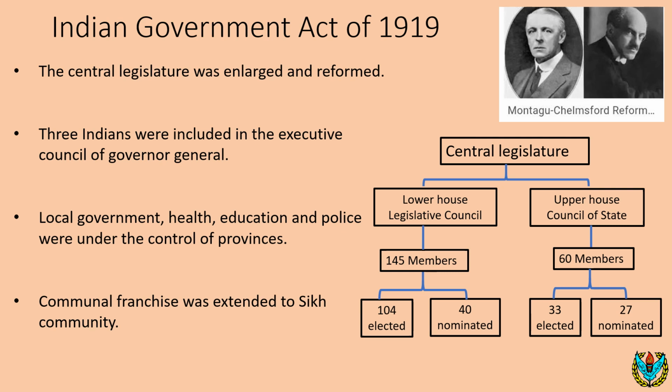In this last point, it means Muslims got a separate electorate in 1909, and in 1919 the Britishers accepted Sikhs as a separate community, so they gave them the rank of community as well as a separate electorate.